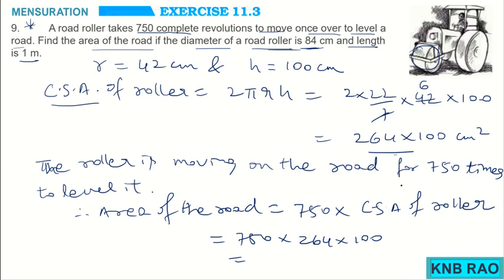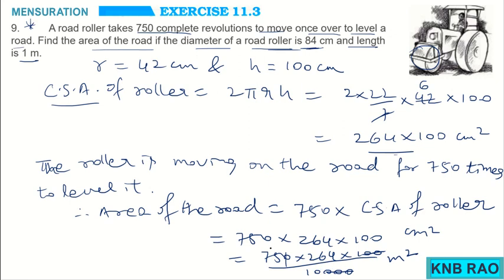Now you can take it in centimeter square, or you can convert it into meter square. I prefer converting it into meter square by dividing this number by 10,000. So dividing by 10,000 converts centimeter square into meter square. So these 3 zeros will cancel with the 1 zero and with these 2 zeros.